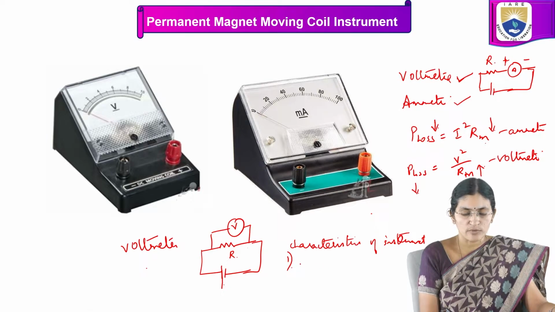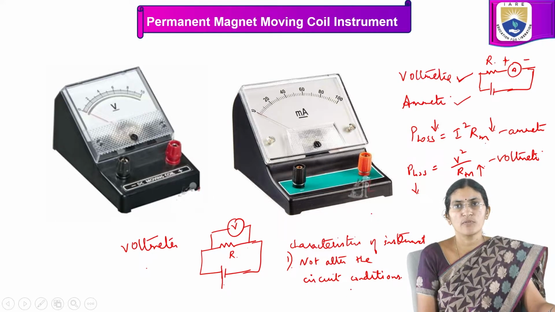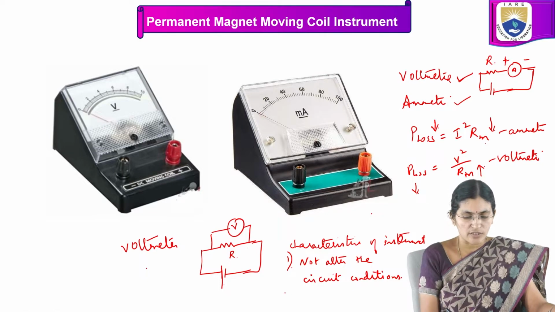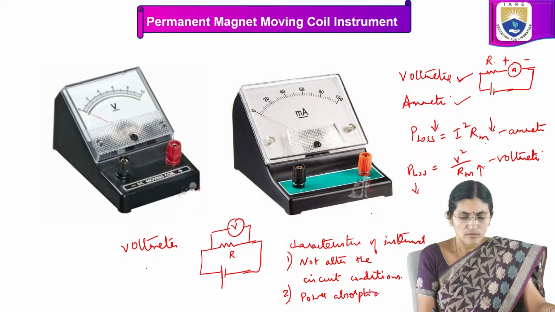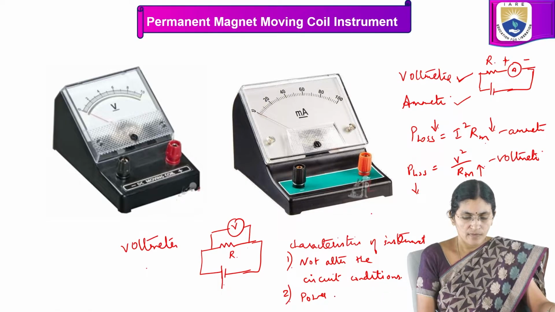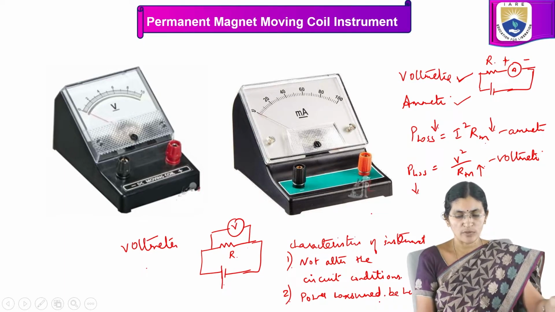First of all, it should not alter the circuit conditions or circuit parameters when used for measuring. And the second one is the power absorbed: the power consumed by the meter or instrument should be less.